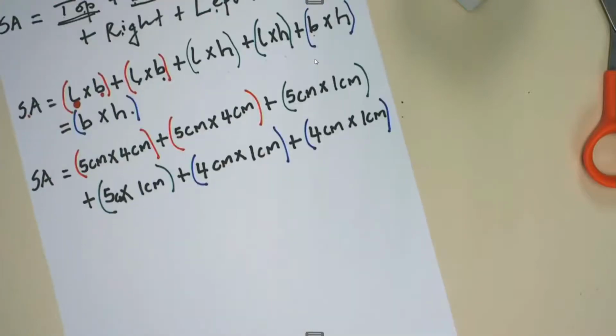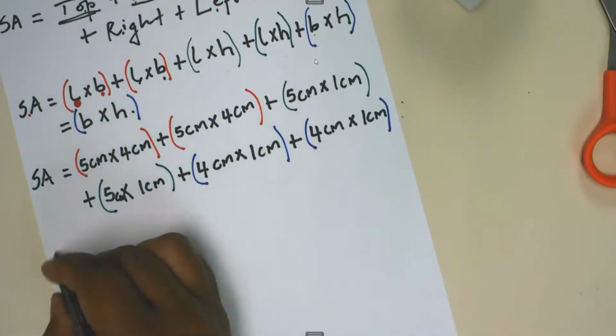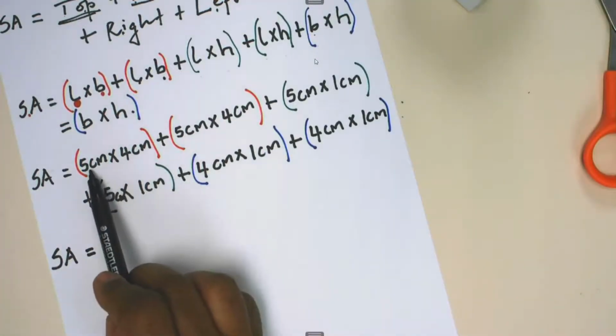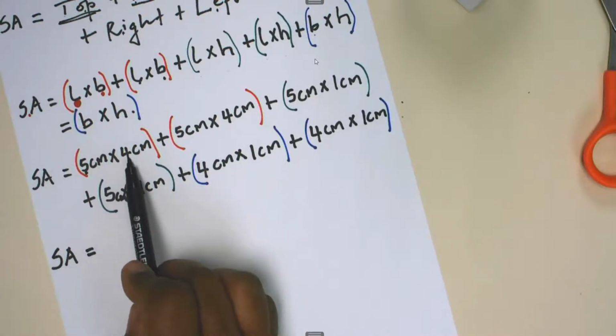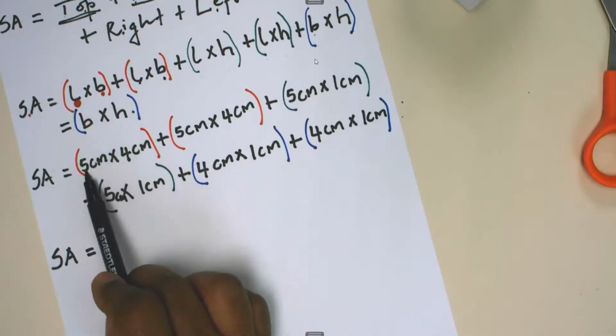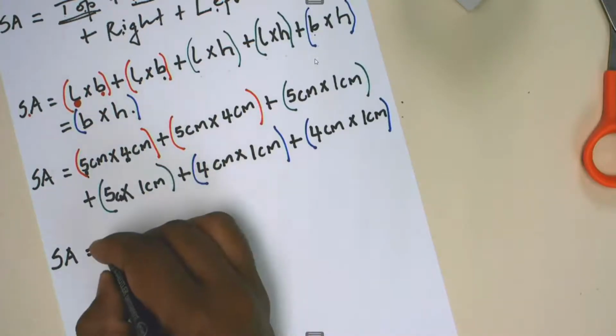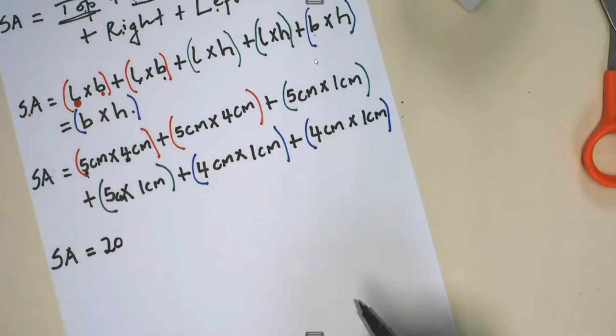Now, we are left with doing the arithmetic calculations. Multiplying, let's check. 5 multiplied by 4, the multiples of 5, 4 times, or 5 times 4, and that will be exactly 20.